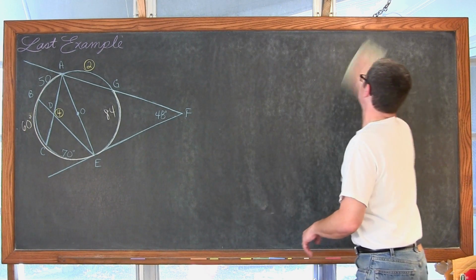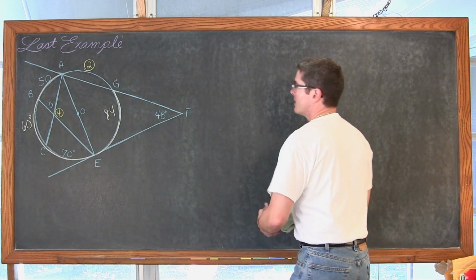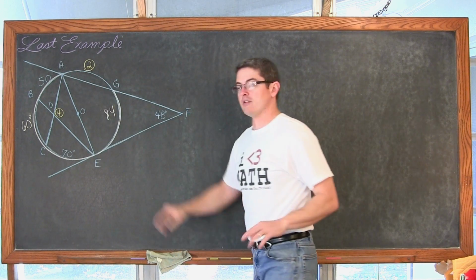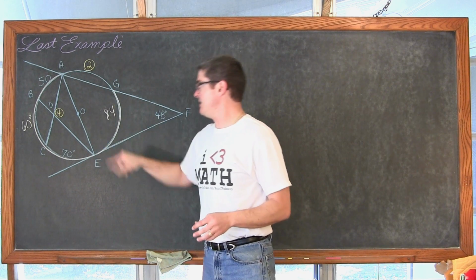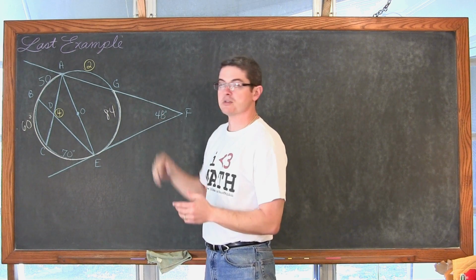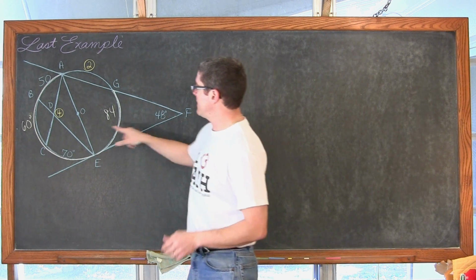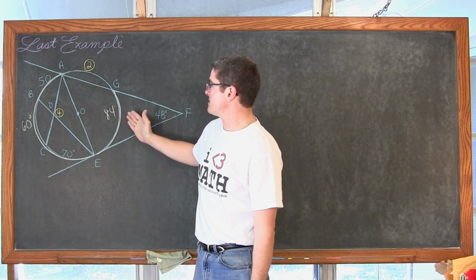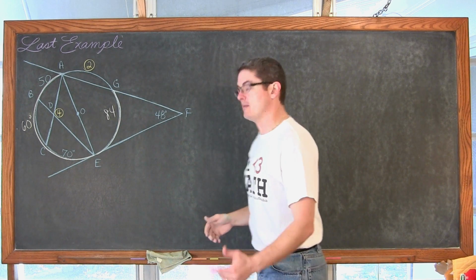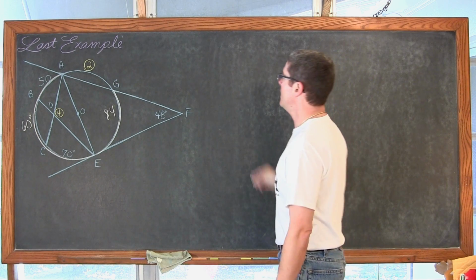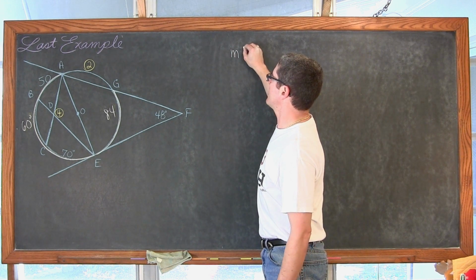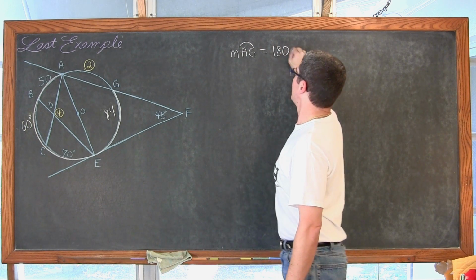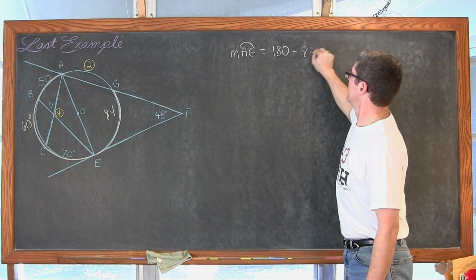Okay, so let's find the measure of arc AG. Well, now that we know that this arc GE is 84 degrees, and again, not drawn to scale, and this is a diameter AE, that means that these two parts also have to add up to 180 degrees. So the measure of arc AG is 180 minus 84.